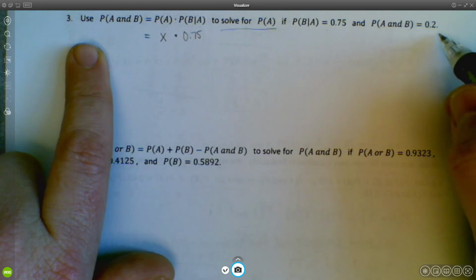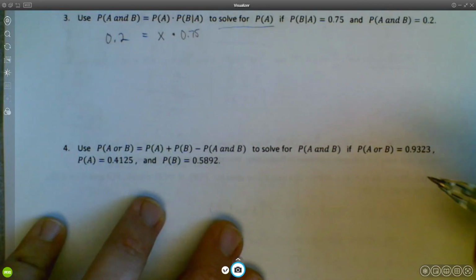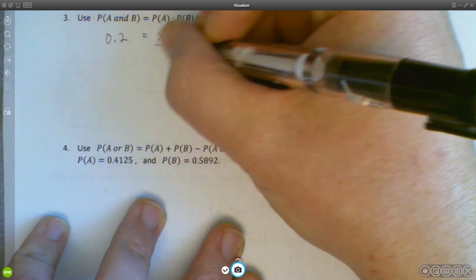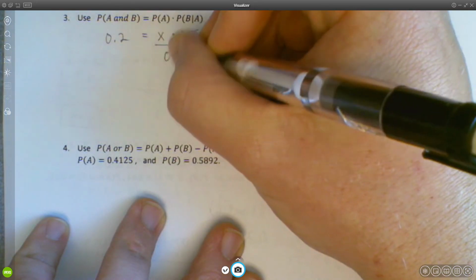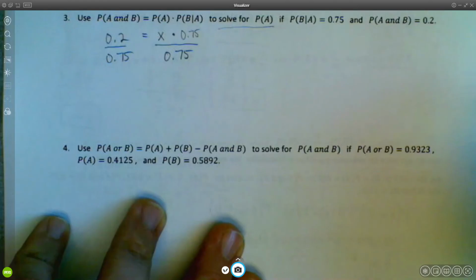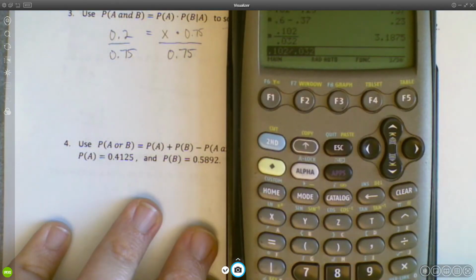And probability of A and B we're told is 0.2. So I can solve for x here. I'm multiplying by 0.75, so I undo that multiplication by dividing. Okay? So 0.2 divided by 0.75.